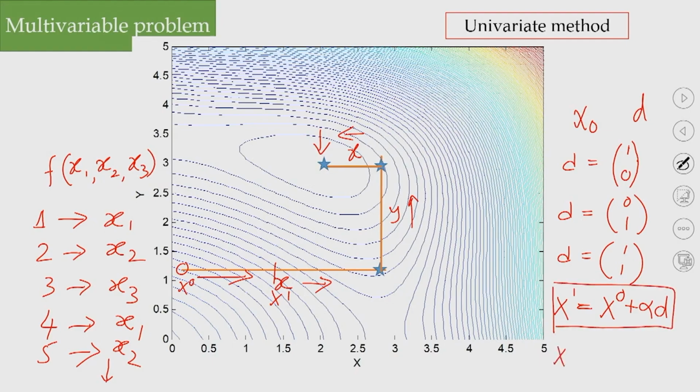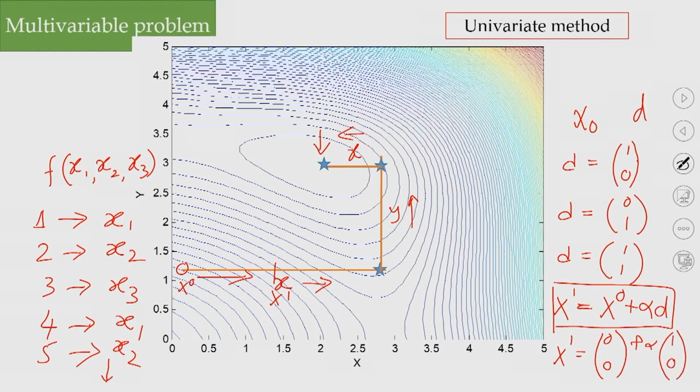Suppose my x naught is (0, 0), alpha is the step, and d is (1, 0).